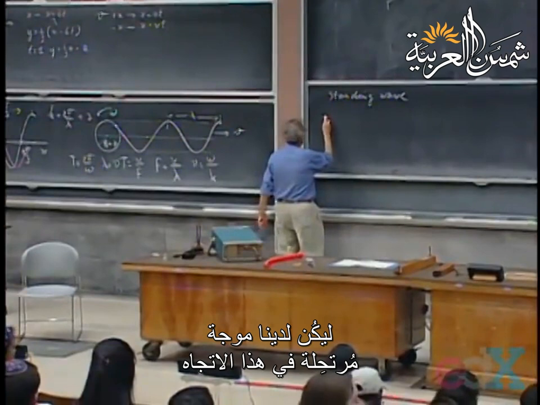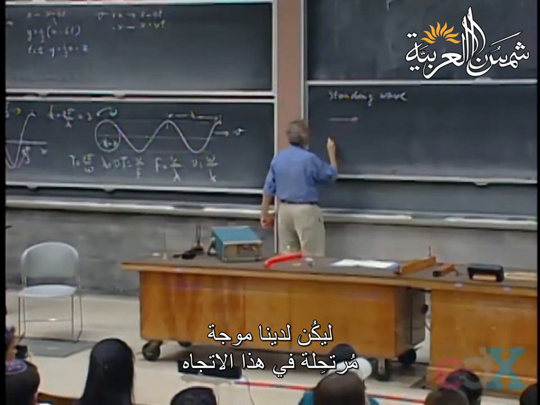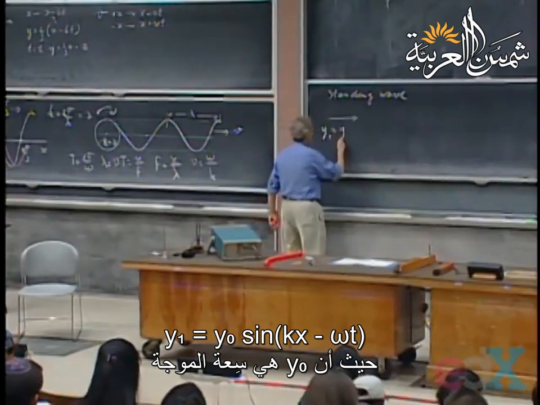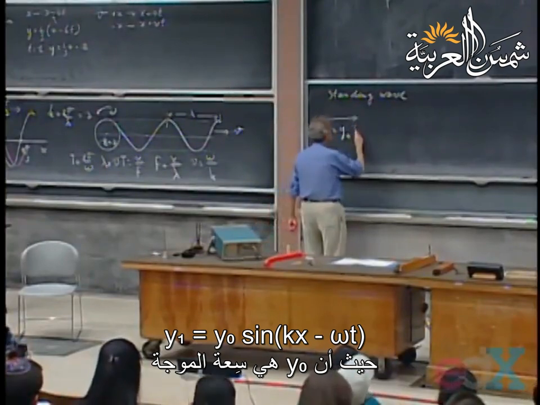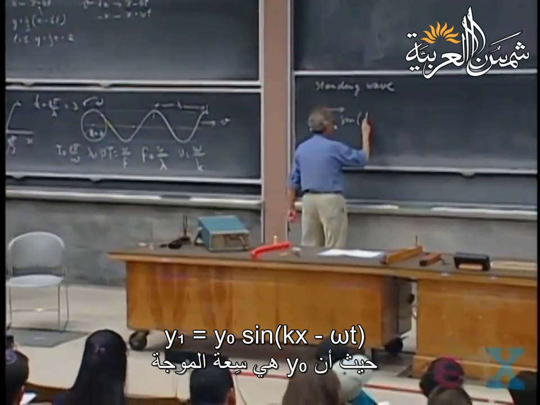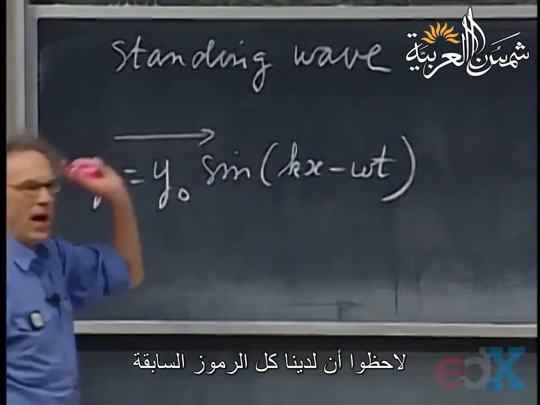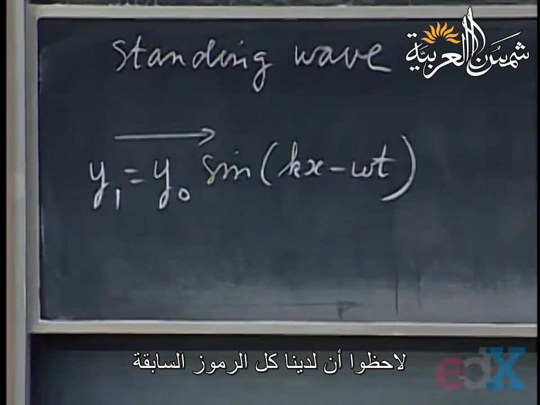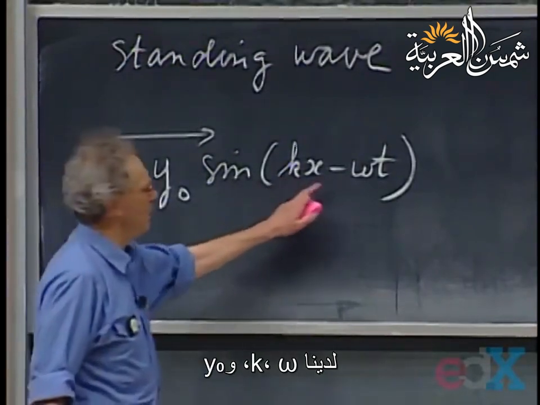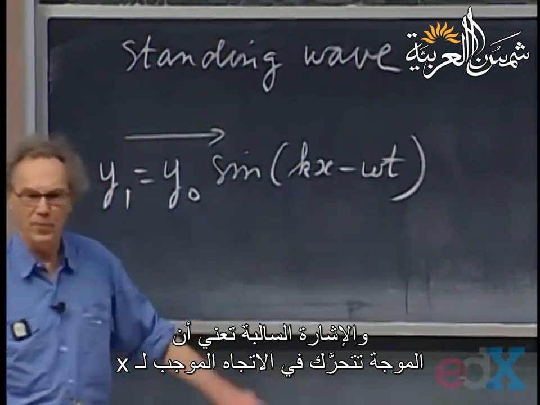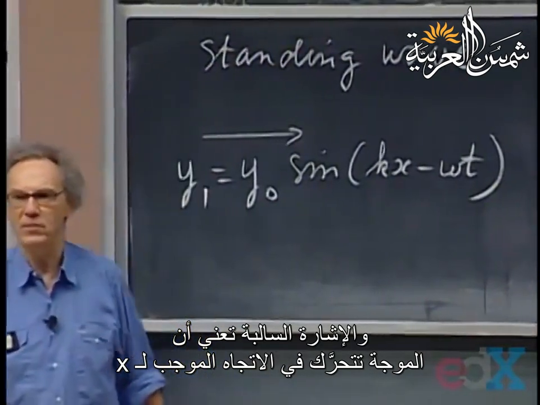Suppose I have a wave traveling in this direction, and I call that y1, and y0 is the amplitude, sine kx minus omega t. And notice now I have all the symbols that we are familiar with. We have the k here, we have the omega here, and we have the amplitude here. And the minus sign tells me it's going in the plus direction.